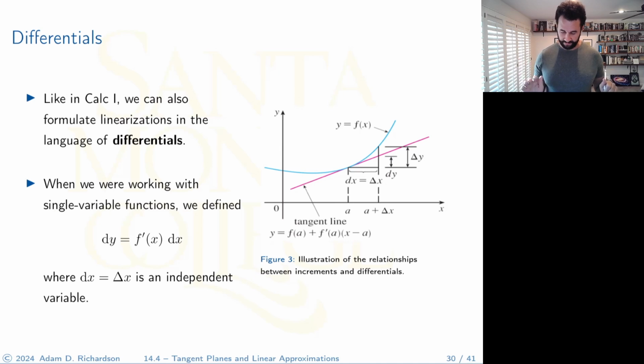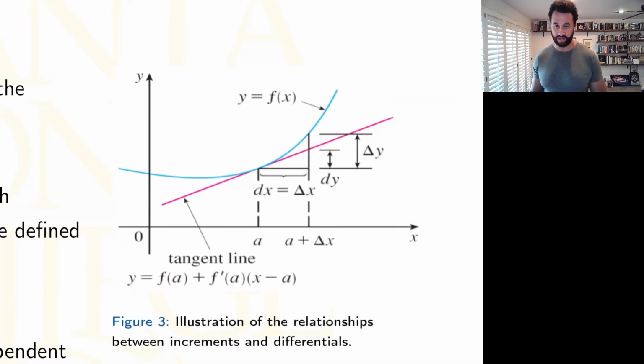So what is the big difference? Typically what I find students struggle with is the difference between delta y and dy, at least in one dimension. Let me point it out right here. Delta y is the difference in the actual function values. When you see delta y, that is the increment in your function output value.